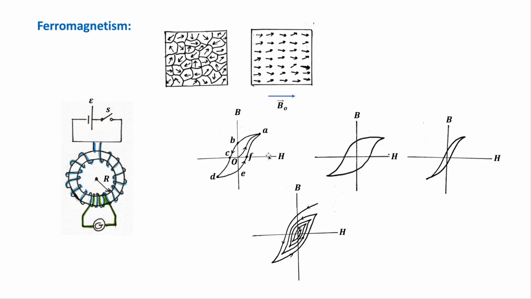For soft ferromagnetic materials such as iron, the hysteresis loop is narrow, as in this one here, which corresponds to a small remnant magnetization, and therefore soft ferromagnetic materials are easily magnetized and demagnetized. And an ideal soft ferromagnetic material has no hysteresis and therefore would have no remnant magnetization.